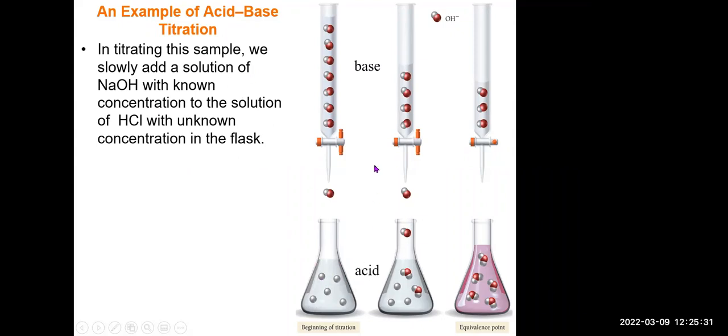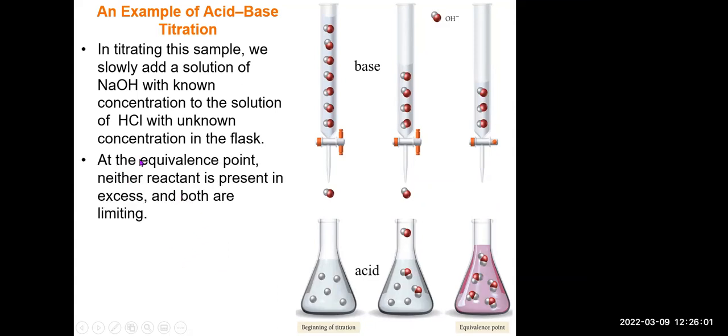Then you know the concentration of the base, and if you add slowly, you will see when it's all used up by the acid, and you stop adding. You will see how much NaOH you use. So from the volume of NaOH you use and the concentration of NaOH itself, you can calculate the concentration of the acid because you know the volume of that.